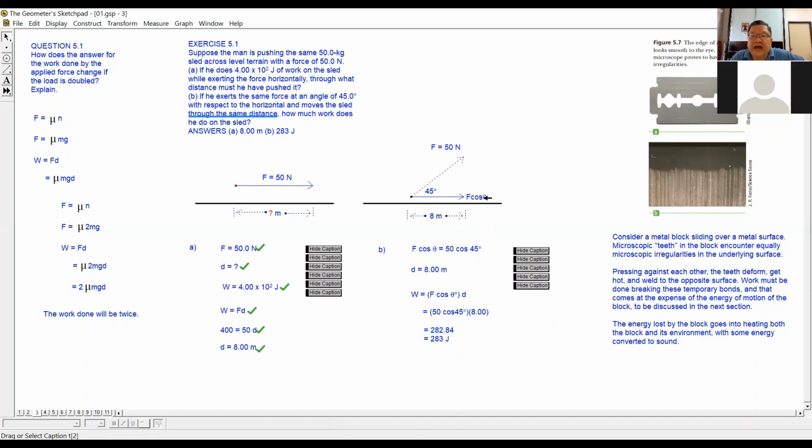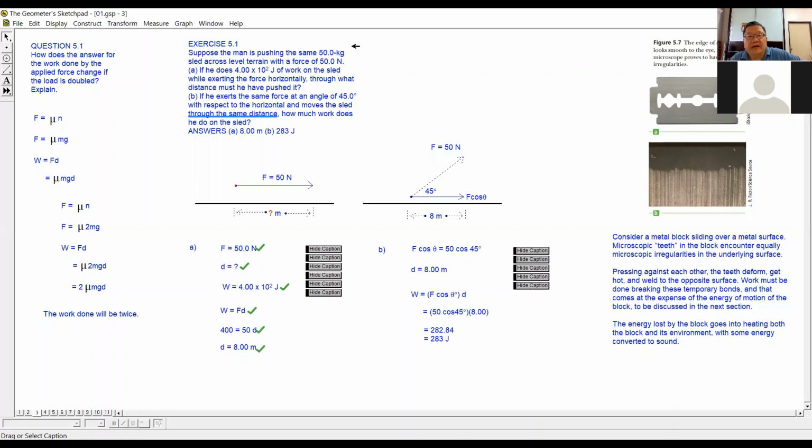Why cos and not sine? Because this component is adjacent to the angle, right? So adjacent, you always use the cos. The force is next to the angle. This force is next to the angle 45 degrees. So you use cos.